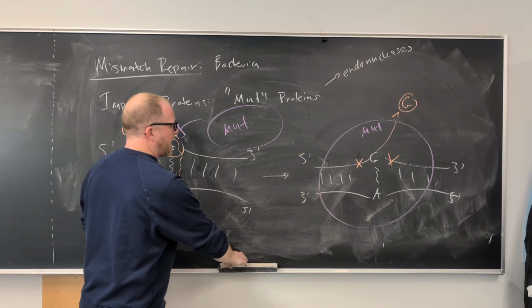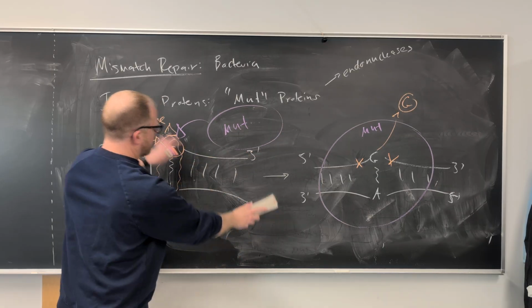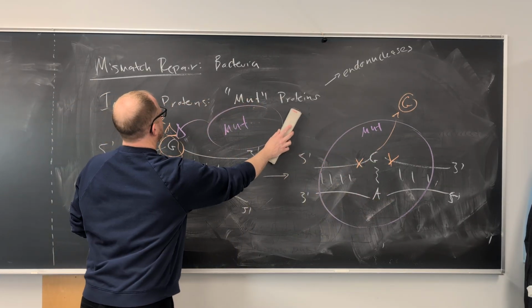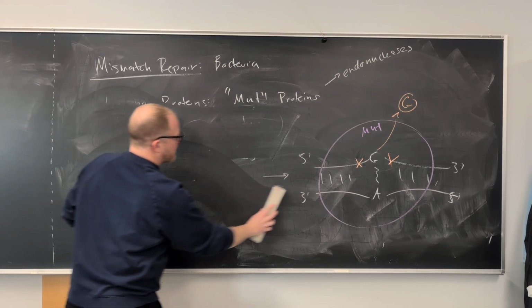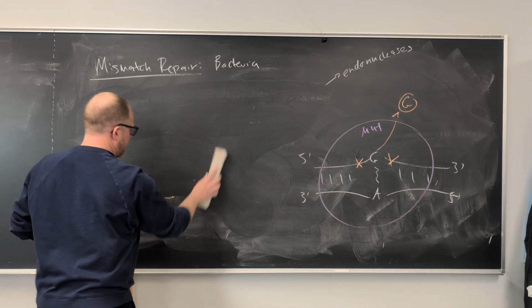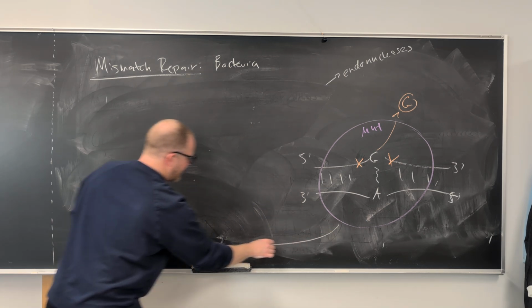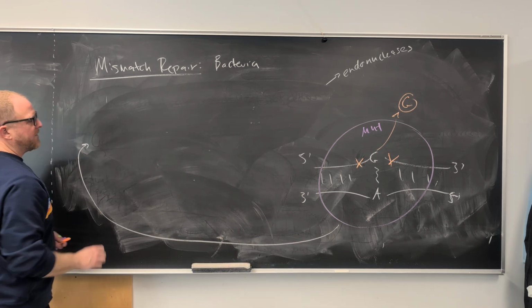But then there's another step after this, and so what I'm going to have to do is erase this part here, and we'll continue with this mechanism right over here. Okay. Feel free to pause the video if you want to keep up with the drawings. Okay, so we'll just circle this back to here. Okay.